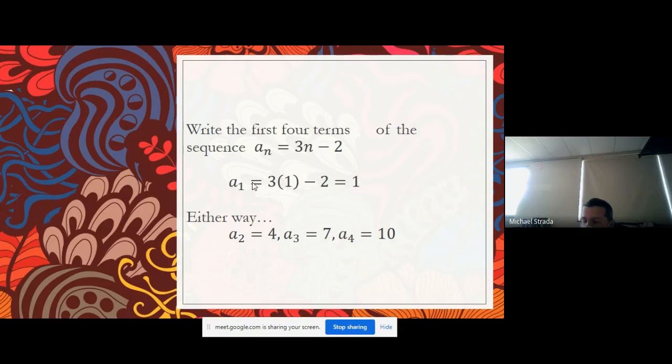So you'll notice each time the number goes up 3, the same as the coefficient.